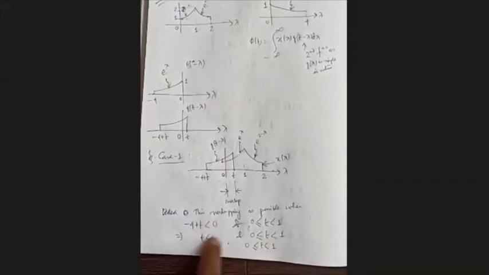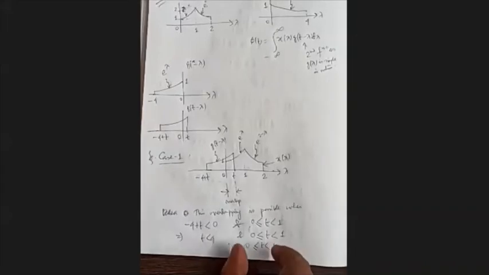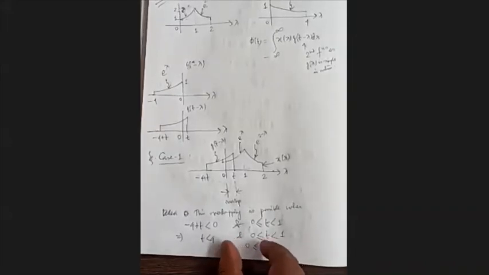When t is greater than 0 and less than 1, the condition is automatically satisfied, so this condition is sufficient. But with t less than 4, the condition may not be satisfied, because when t is greater than 3 or less than 3, it will not be satisfied. All the conditions will be satisfied when we consider only this particular inequality.